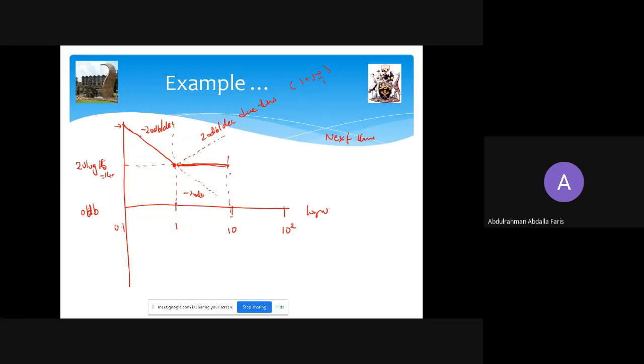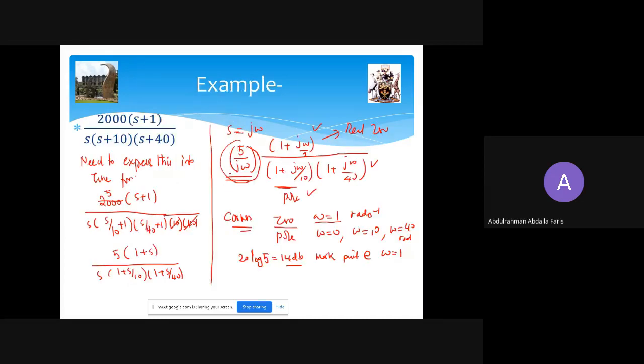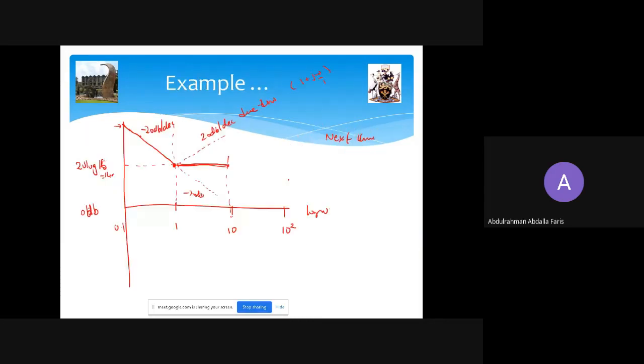From there, we need to add the contribution of this, and we know a pole will go to minus 20 dB. So from here, it will go like this. We just know 0 plus minus 20 dB is just minus 20 dB, until it reaches the next corner frequency.